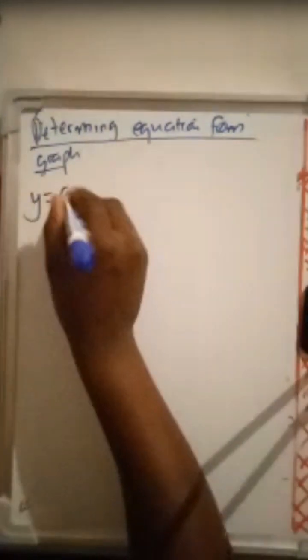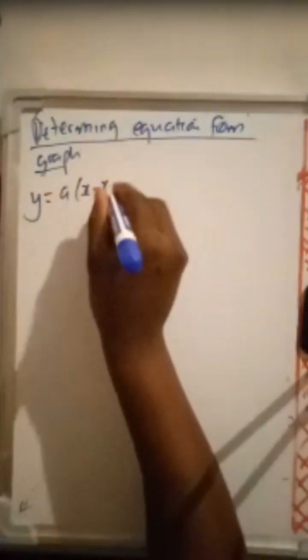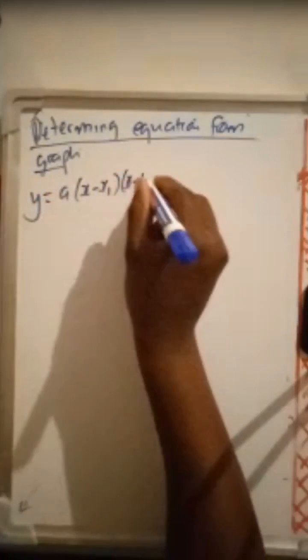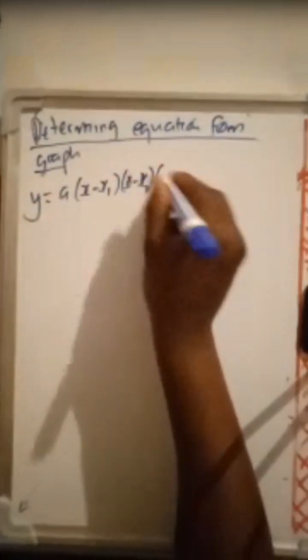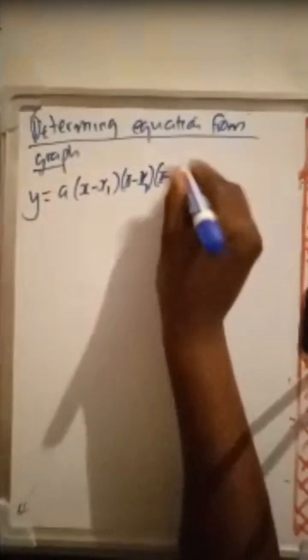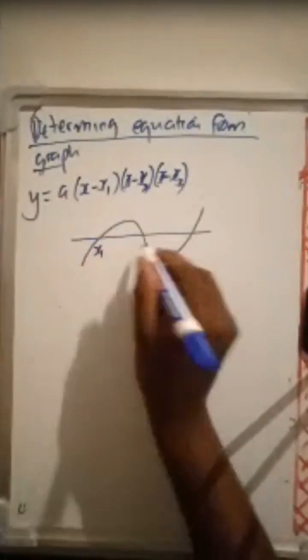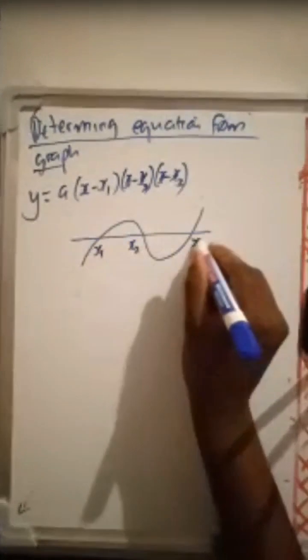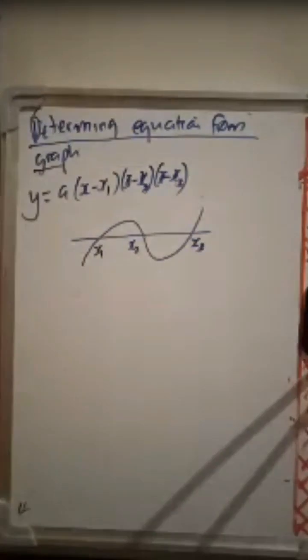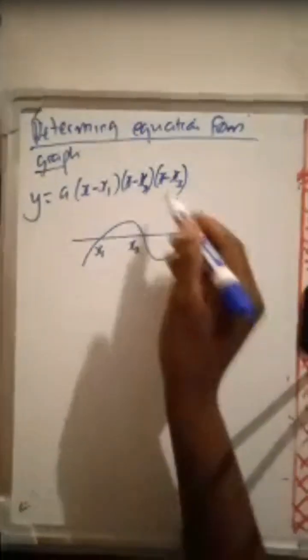We can use y is equal to a(x minus x1)(x minus x2)(x minus x3). That is if the graph that we are having is of this nature. Then that is x1, x2, and x3. We are having all the three intercepts there. Then to determine the equation, it's (x minus x1)(x minus x2)(x minus x3).